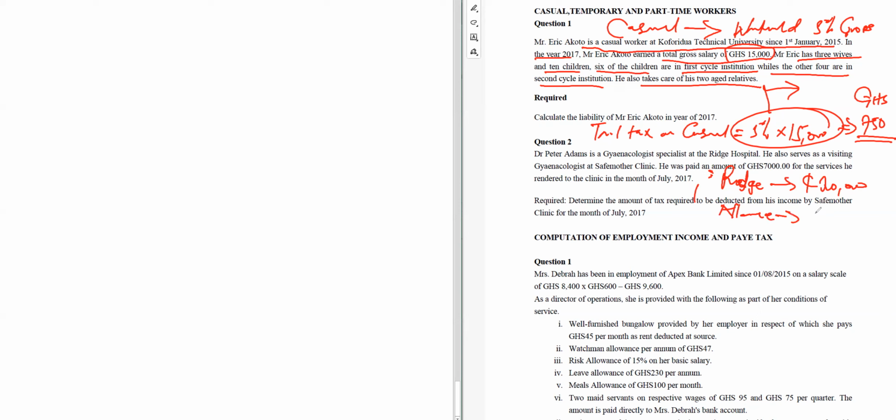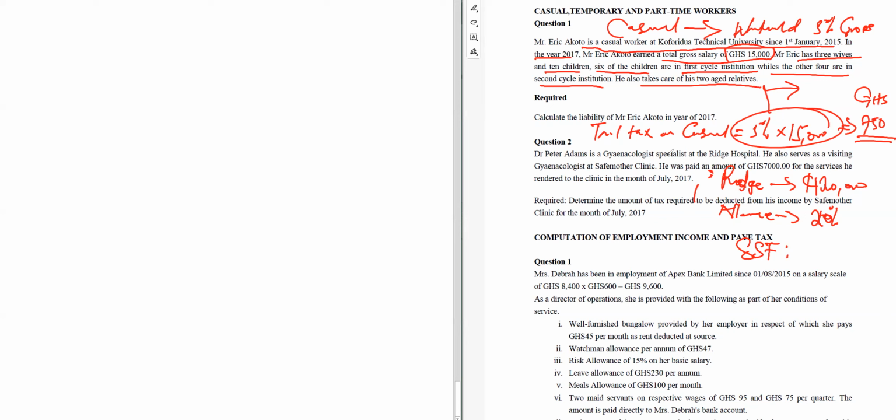Let's make his allowances 20%. Then he contributes to Social Security. Let's make it 120,000. This is it in the year 2017.